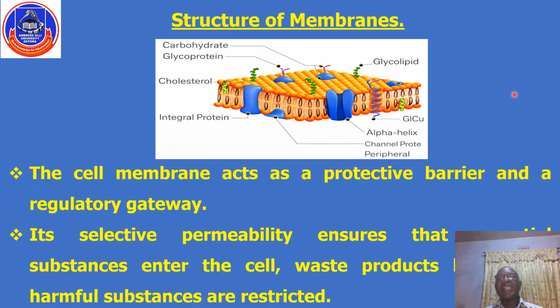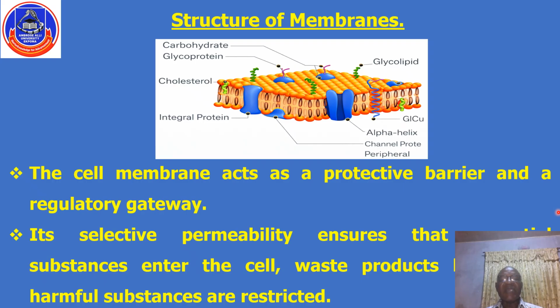Briefly, let us look at the structure of membrane, which you have done in BCH 303 in membrane biochemistry. Now let's just briefly have a recap of the membrane structure. The picture before you is a simplified diagram of the membrane structure and its components.